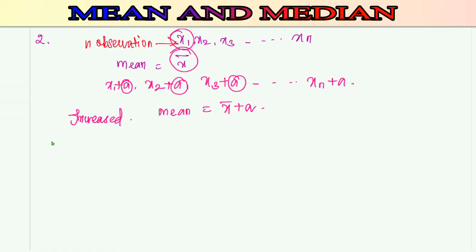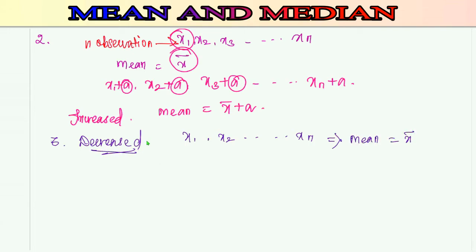Next, the third property is for decreased data. If each of the observations under consideration is decreased by a quantity A, then their mean is also decreased by the same quantity A. Consider the observations x1, x2, etc. xn. We have n observations with mean x bar.